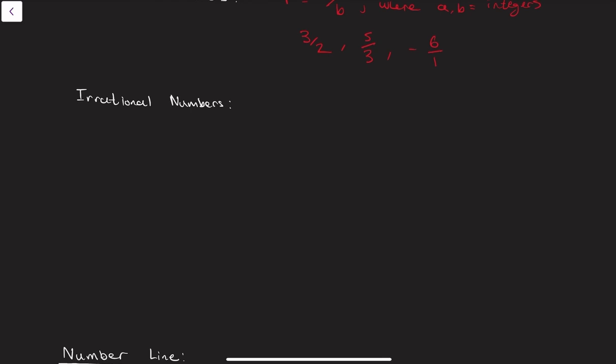And intuitively, an irrational number is any number that can't be expressed as a rational number, such that r cannot equal a over b, where a and b are integers. Some examples would be root 3, negative root 6, root 2, and so on.